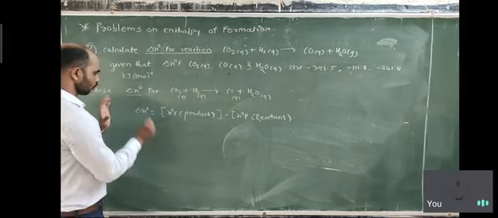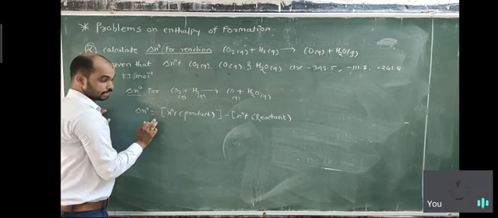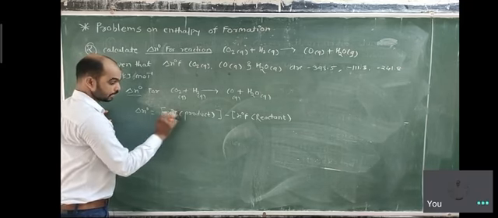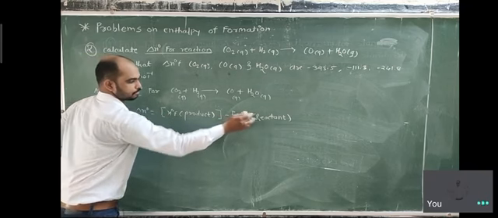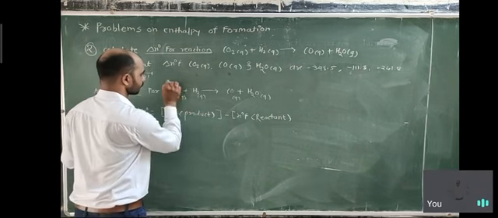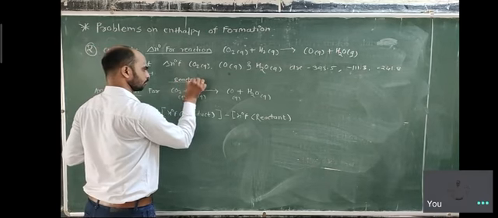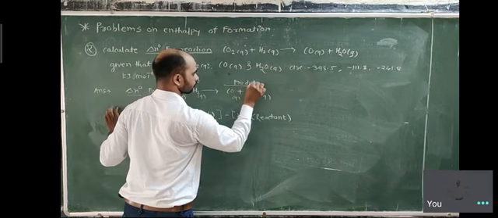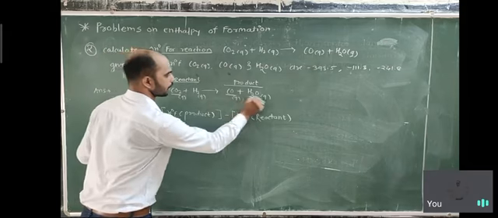Okay, so how do we calculate the heat of formation of the reaction? It is calculated using this formula: standard heat of formation of products minus standard heat of formation of reactants. So in the given reaction, there are the reactants and here are the products. We have the values of CO2, CO and H2O.